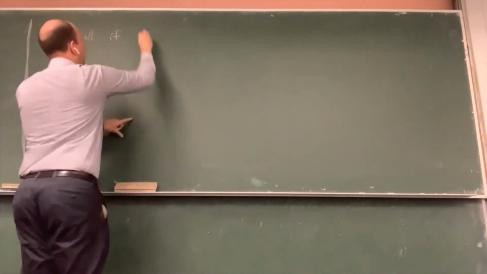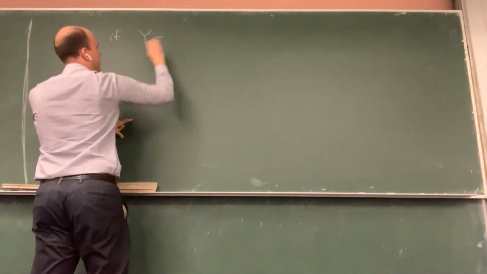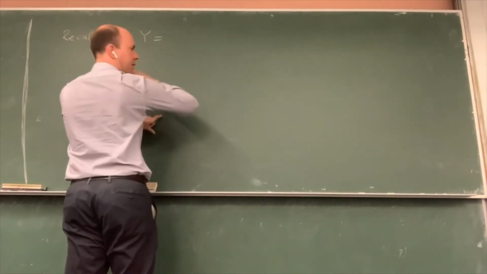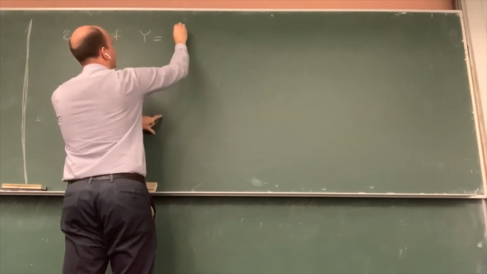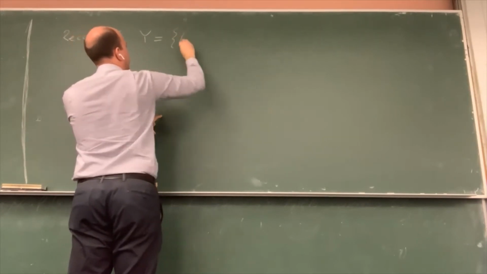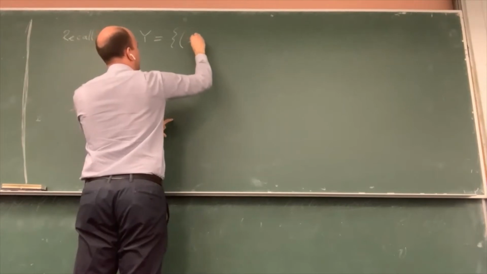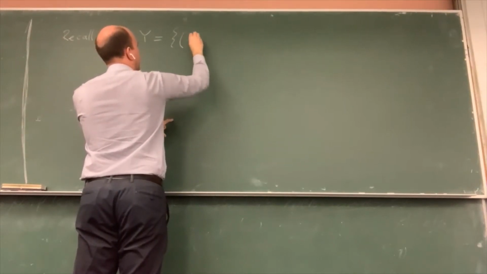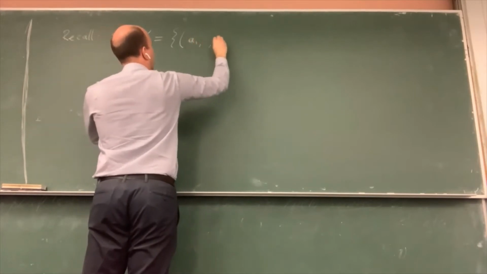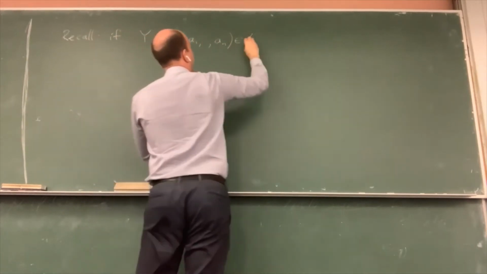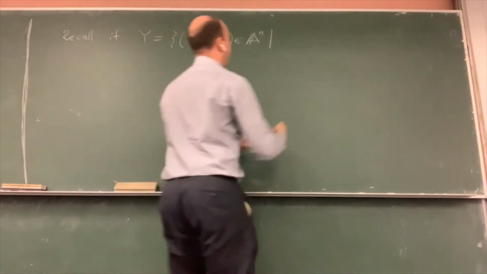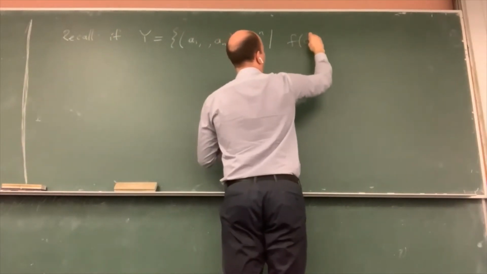If you have a hypersurface in affine space, just for simplicity, because those are the cases that I'll be looking at, so if Y is the set of points a1 up to an in affine n-space where some particular polynomial vanishes.